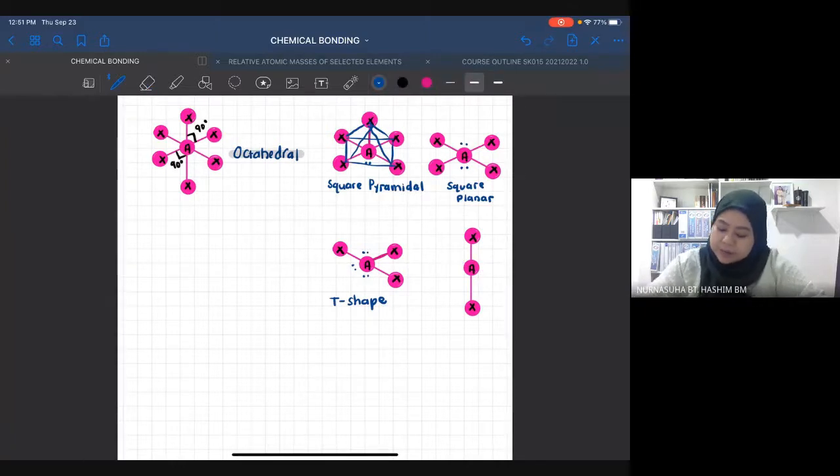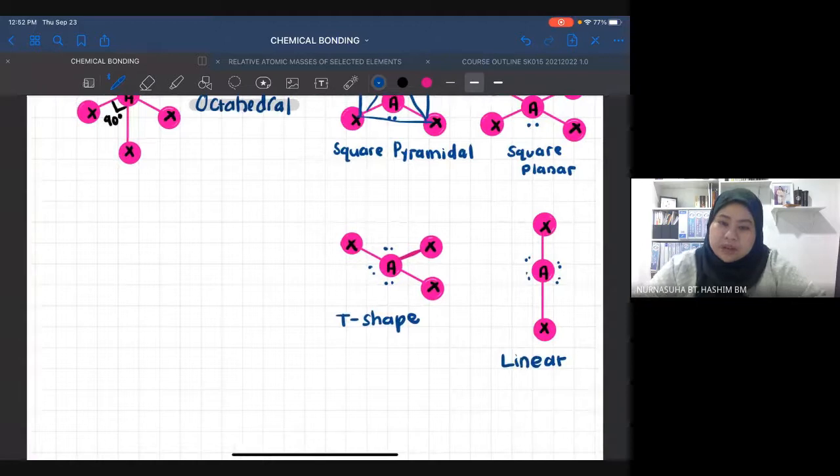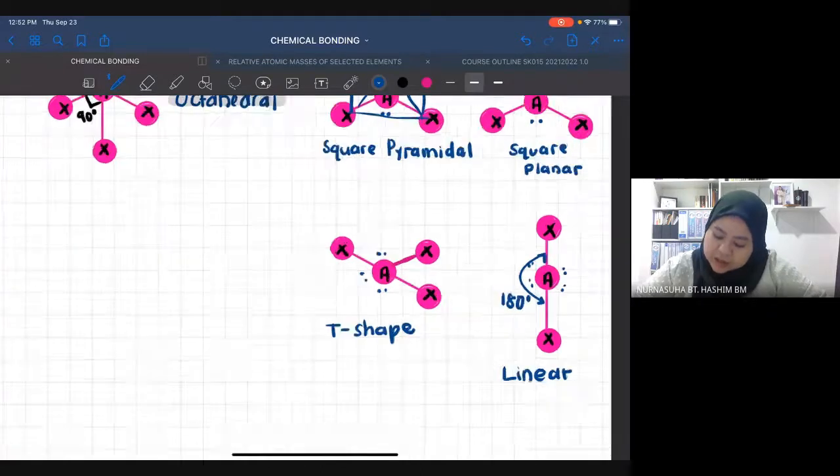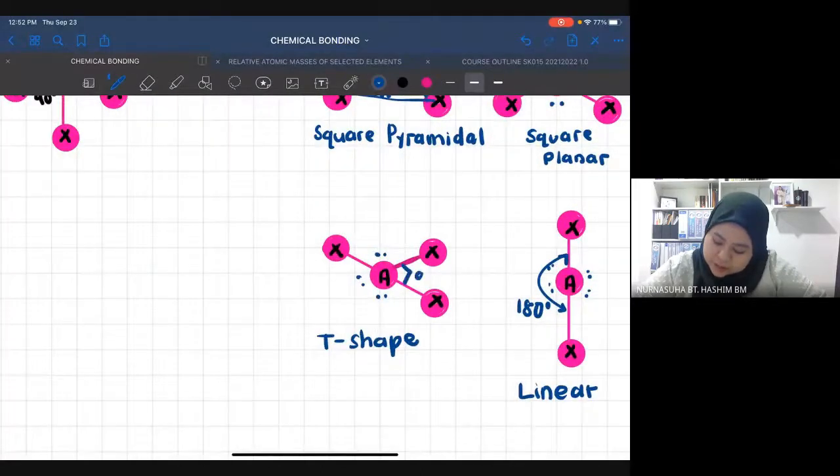So basically, my shape sekarang adalah linear shape. Okay, linear shape. So kalau linear, bond angle is 180. Kalau T shape, this one 90 degree.